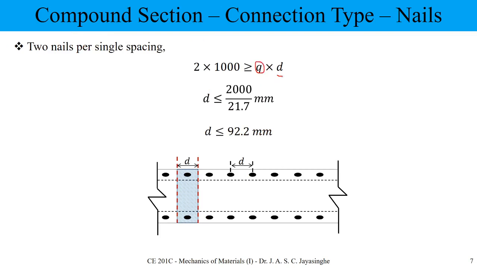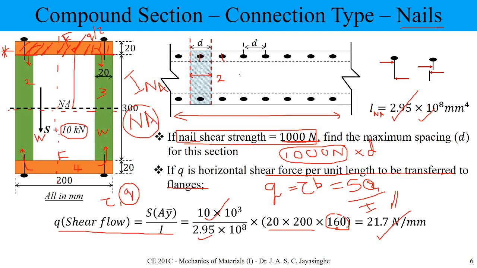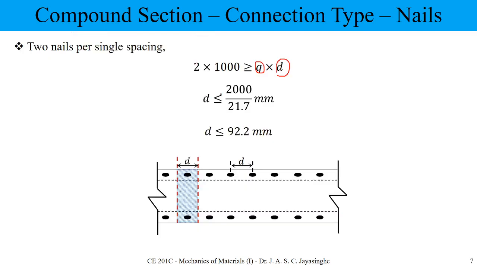Here we need to find the minimum spacing, because we already know the strength and the number of nails, so the only parameter we can change is D. We have two nails, and one nail has 1000 Newton, so 2000 is going to be transferred through this spacing.